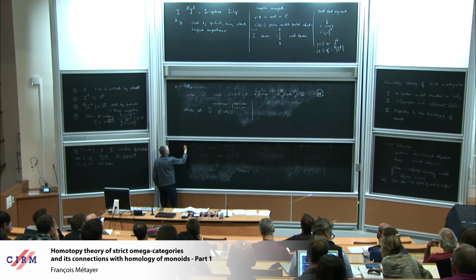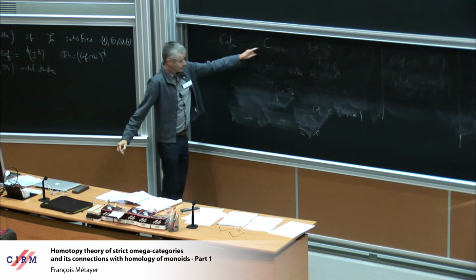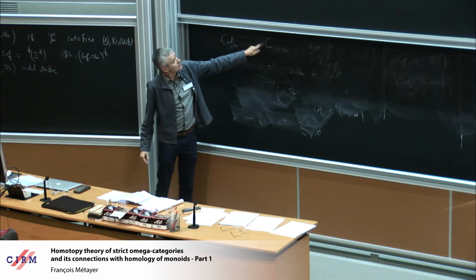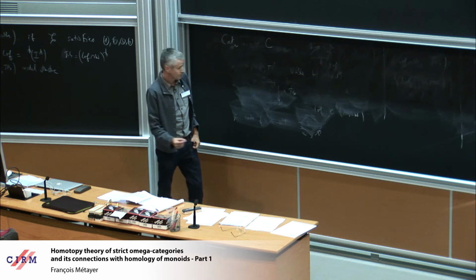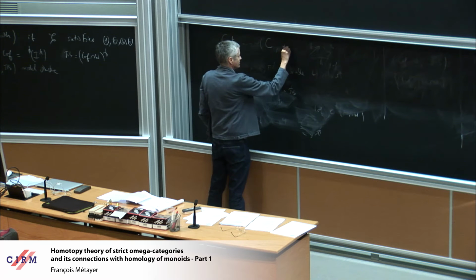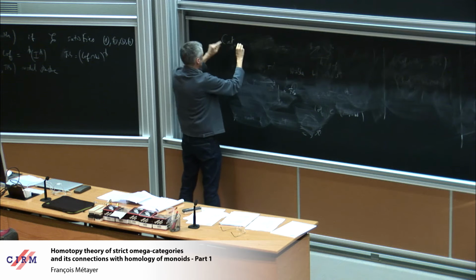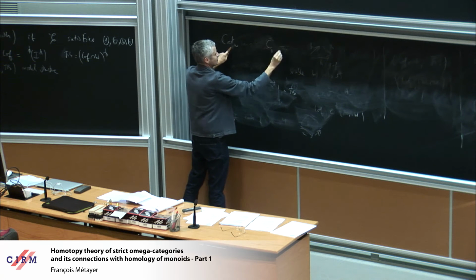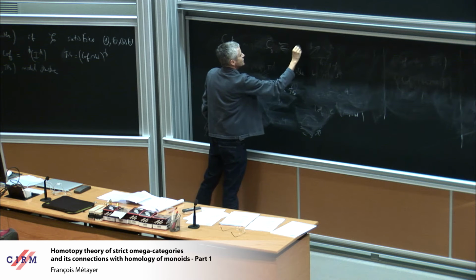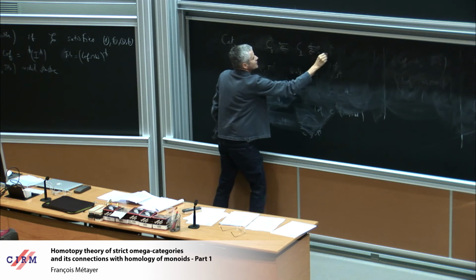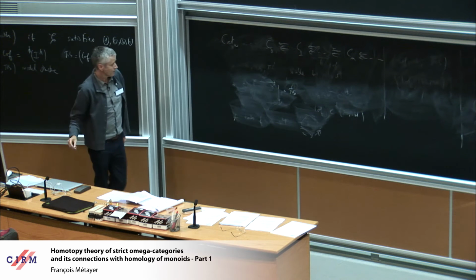Now, a strict omega category, so Cat omega, the objects are Cs. So C is a globular set, and it's equipped with composition operations. So for an omega category, you get a certain globular set with source and target maps, C0, C1, Cn, and so forth.